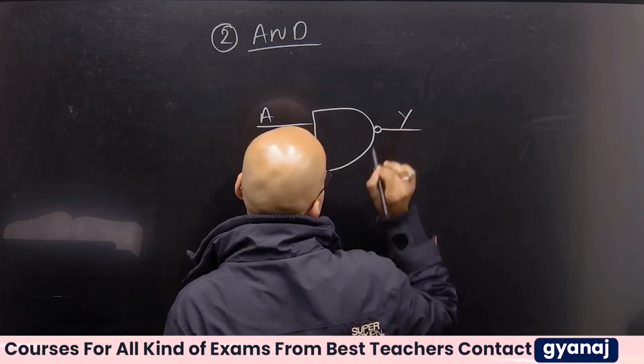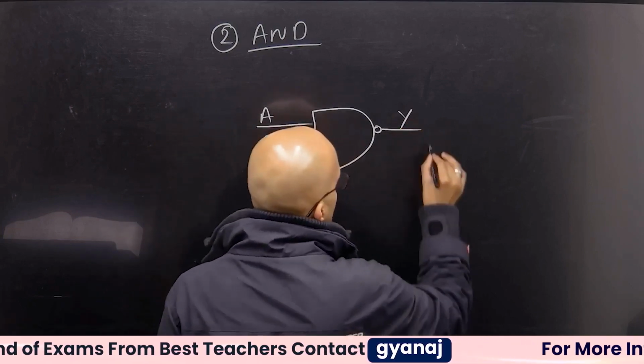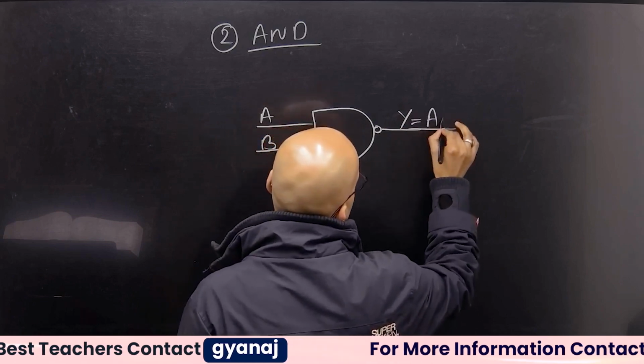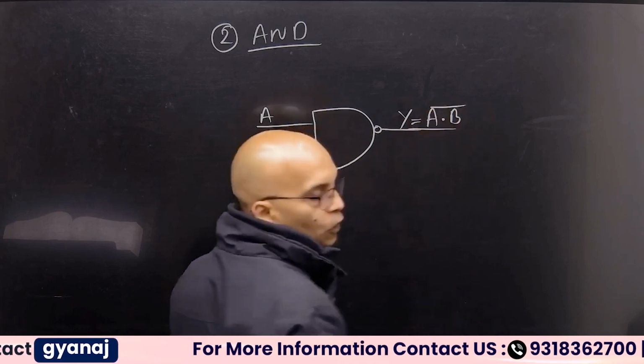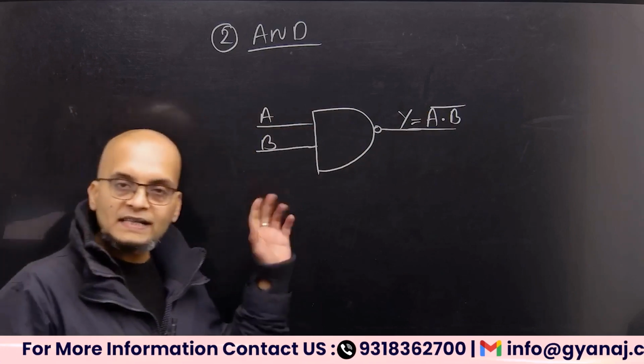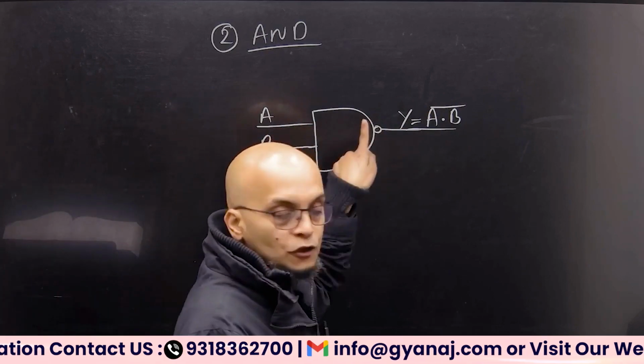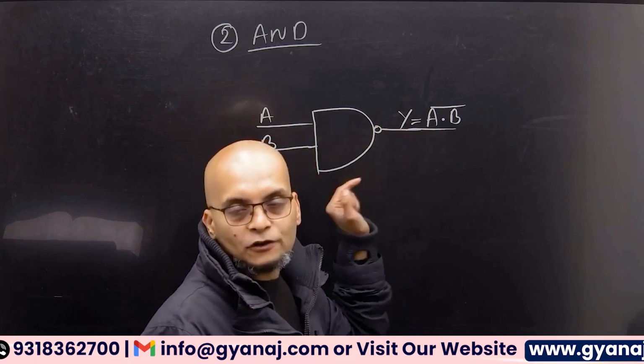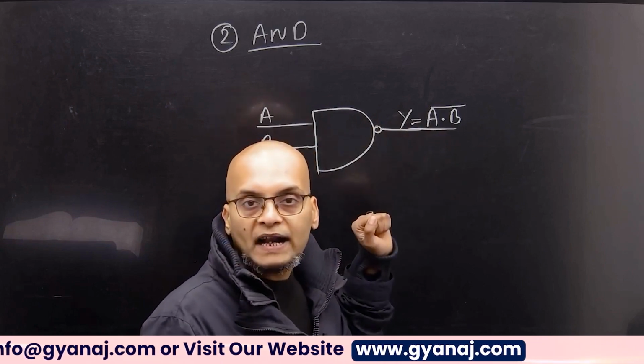Here you will get the output Y, right? And what will this output be? It will be A dot B whole complement. Yes or no? We have already seen it. We will get AND of A and B and the complement of it. That's what the output of the NAND gate will be.